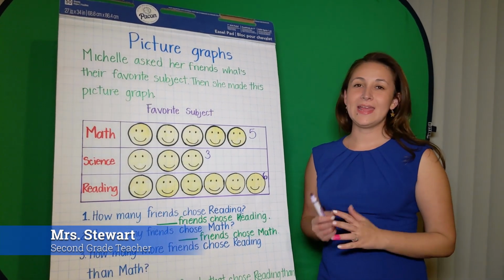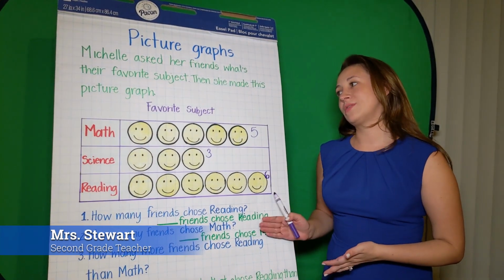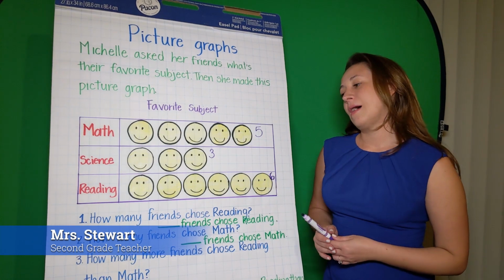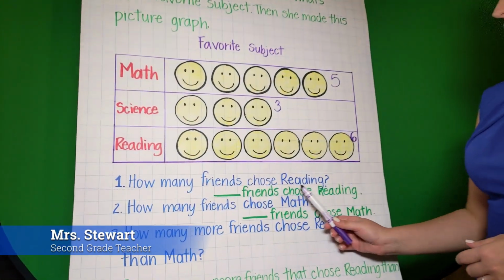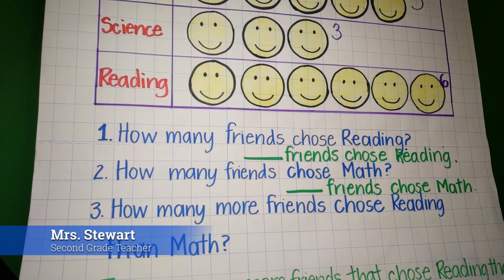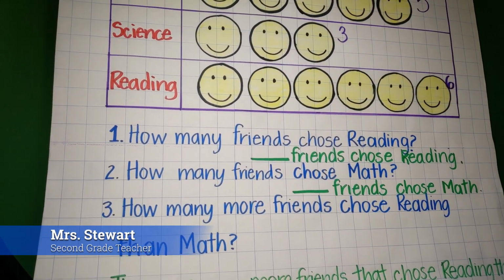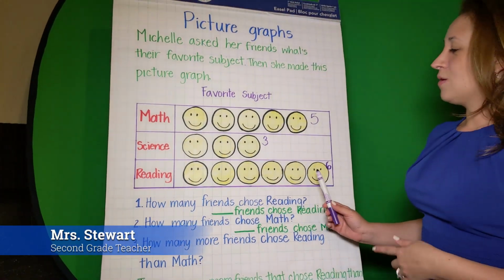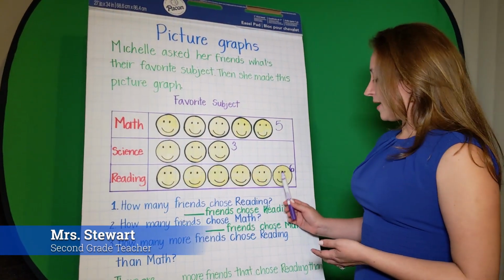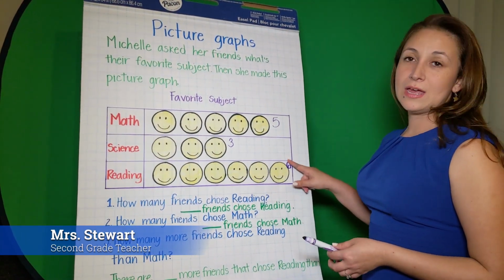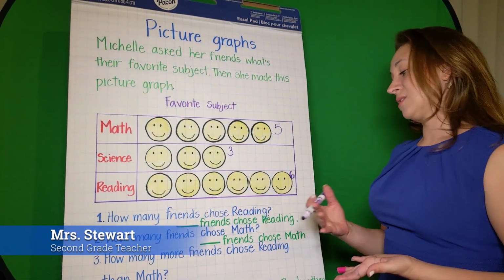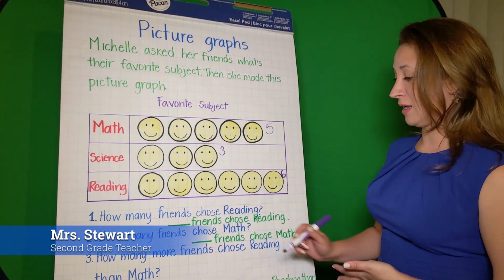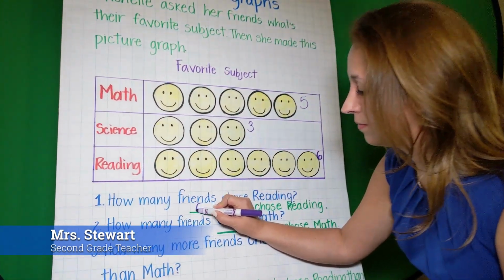Now let's go ahead and answer some questions about this picture graph. My first question is, how many friends chose reading? Since I already labeled my reading, I know here is the number 6. So I know 6 students or 6 friends chose reading. And I'm going to write it down.